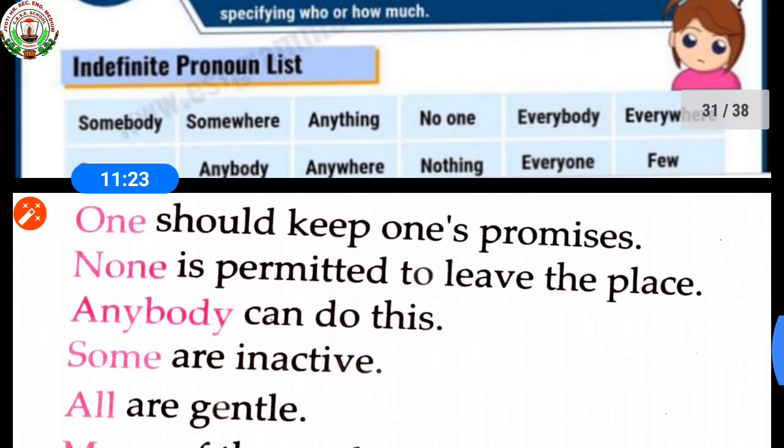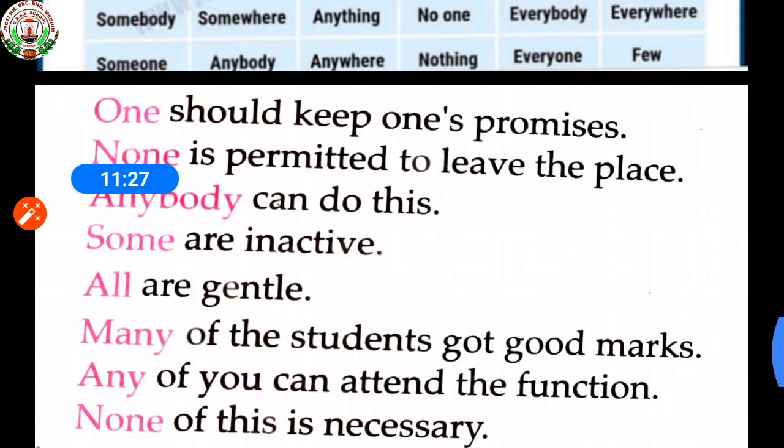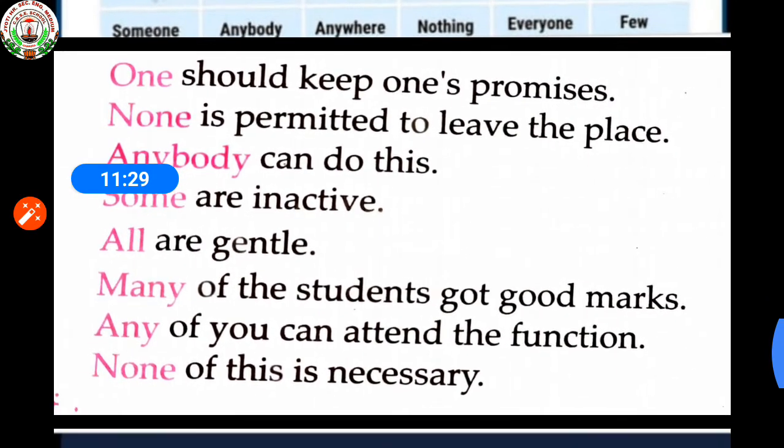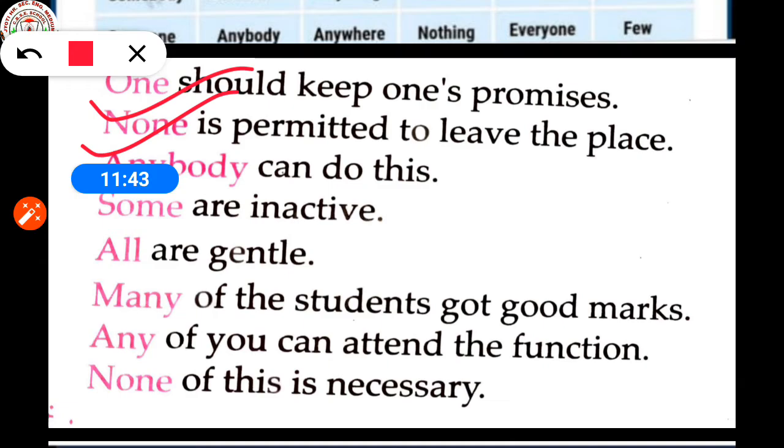So you can see the examples of indefinite pronouns. One should keep one's promises. None is permitted to leave the place.